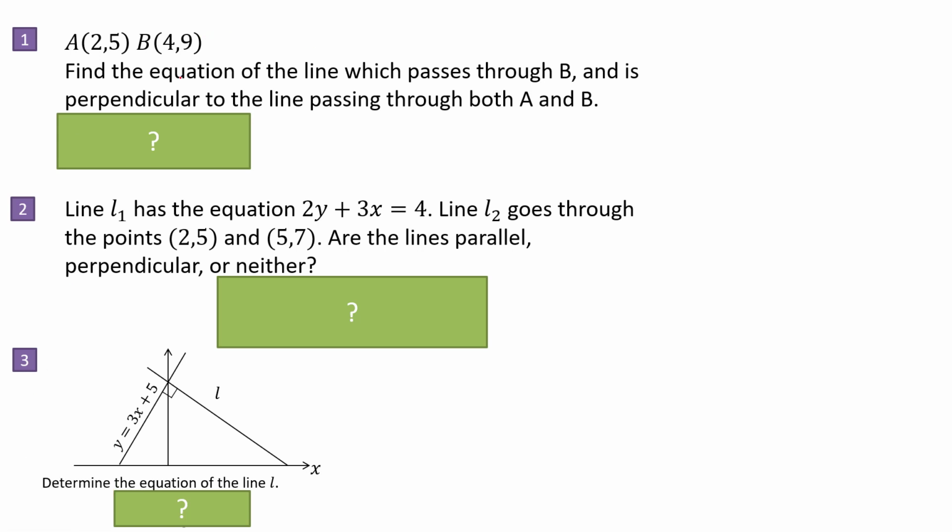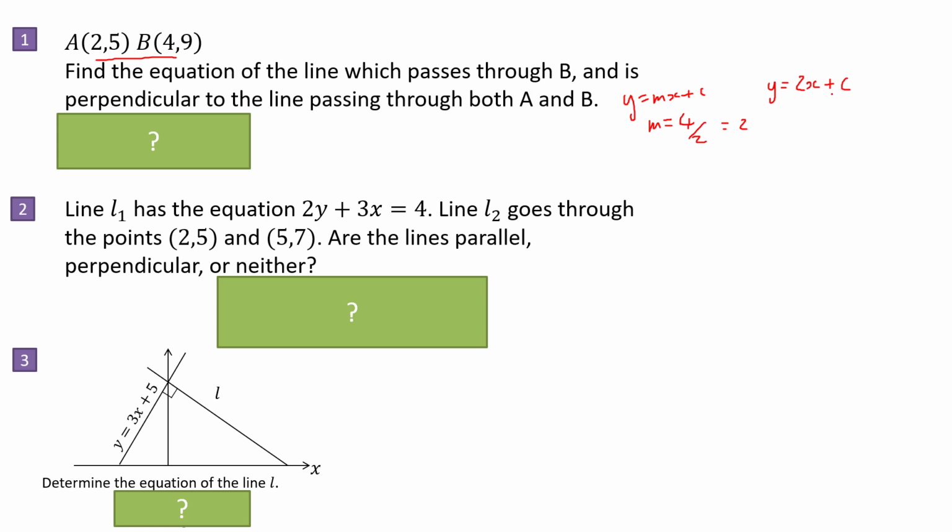So, find the equation of the line which passes through B and is perpendicular to the line passing through both A and B. So first, find y equals mx plus c of those 2 points. So m is going to be 4 over 2, which equals 2. So y equals 2x plus c here.